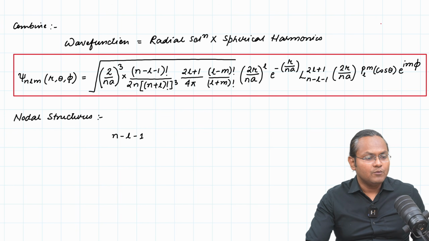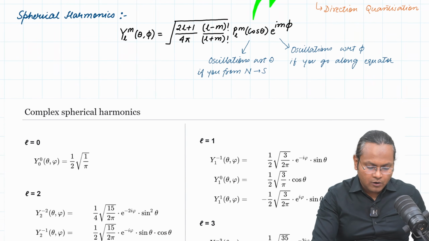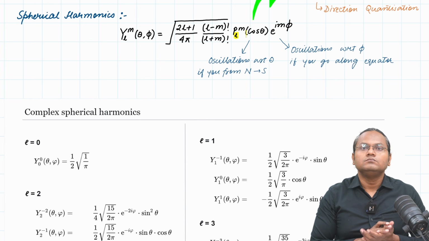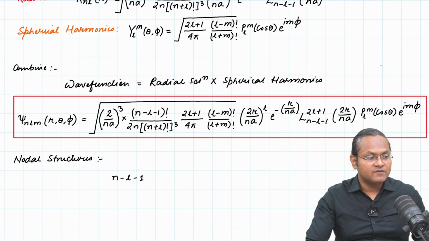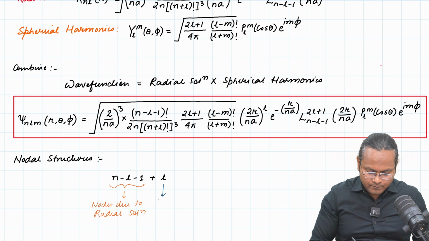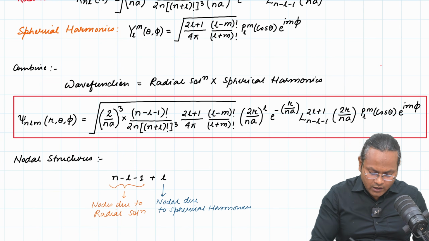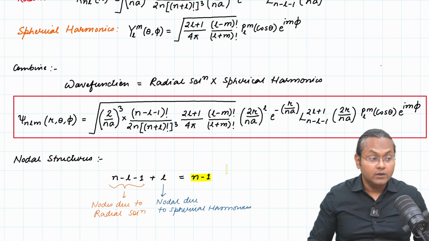But if you look at the spherical harmonics, there are effectively L nodal planes, which we can combine to get the total number of nodal surfaces: n minus L minus 1, plus L. The first part is introduced by the radial solution, and the L is introduced by the spherical harmonics. So there are a total of n minus 1 nodal surfaces that you are going to get.